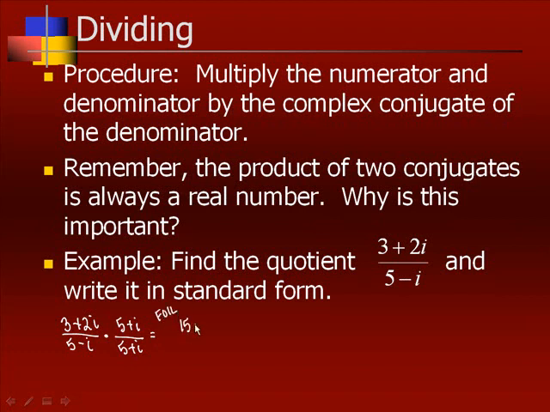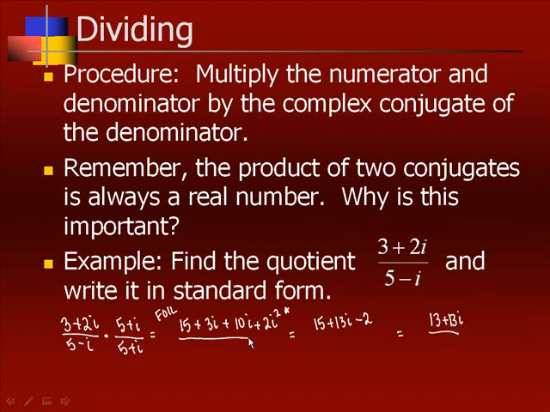First two would give us 15, outer two gives us 3I, inner two gives us 10I, and last two gives us 2I squared, which would simplify to give us 15 plus 13I plus 2I squared becomes minus 2, which would simplify to give us 13 plus 13I.